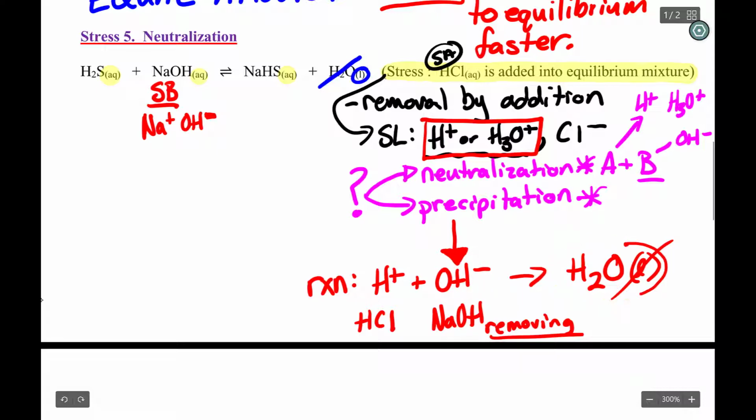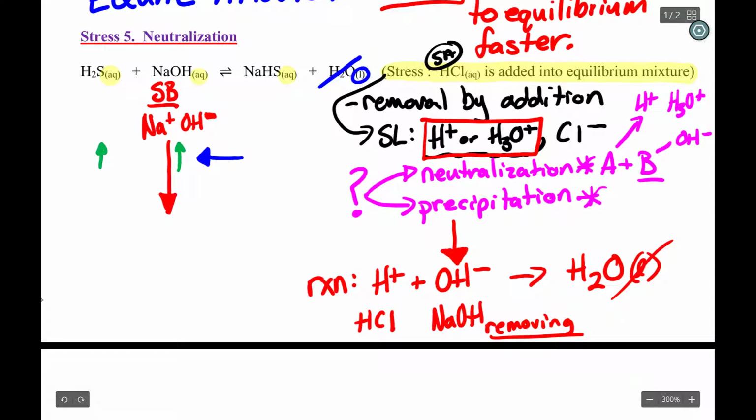So using our arrows, what's happening is the following. The sodium hydroxide concentration is being removed by neutralization. This is causing a shift towards the reactants to make more sodium hydroxide to get back to our equilibrium constant. In doing so, the concentration of sodium hydroxide is gradually going to increase, and so is the H2S.